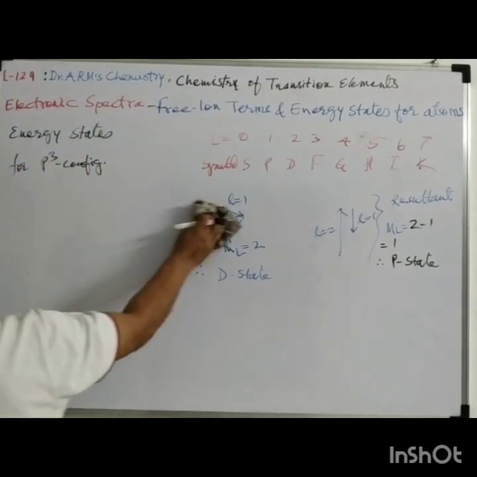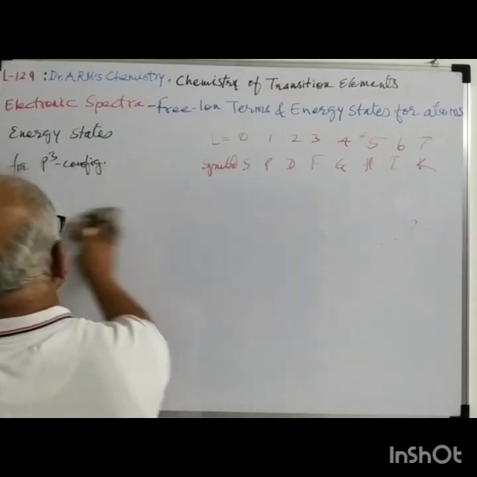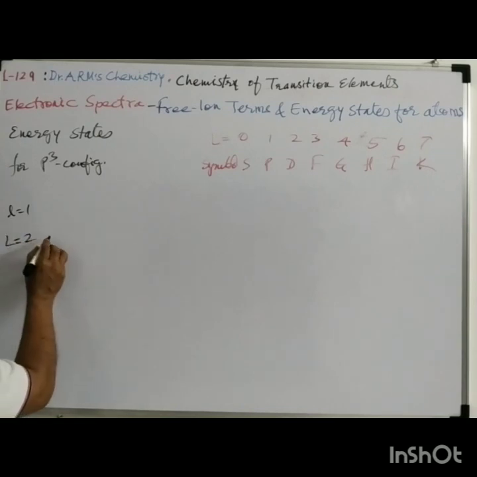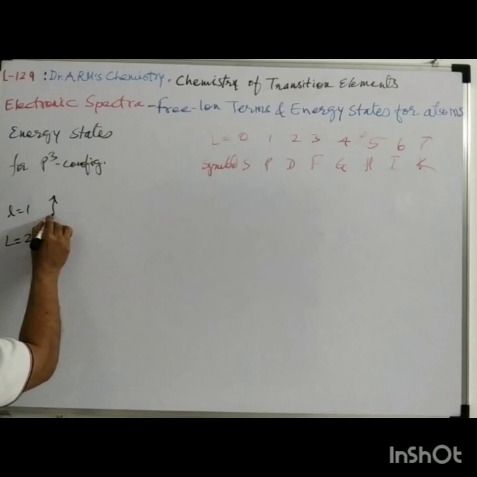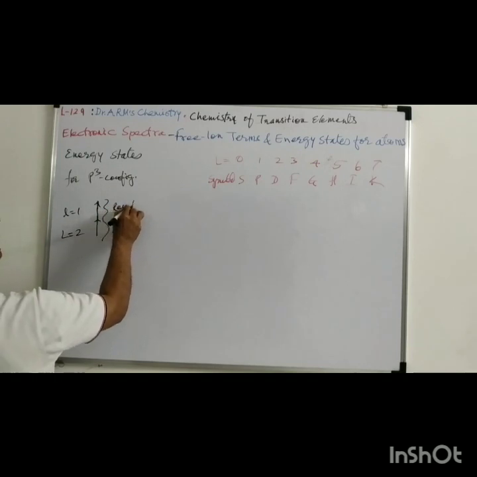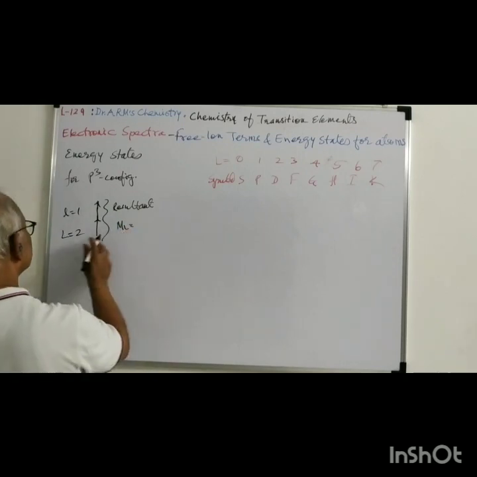Then when this L is equal to 1 and another L is equal to 2, the quantization of energy is such that the length of the two arrows is the same, and therefore the resultant ML is equal to 2.